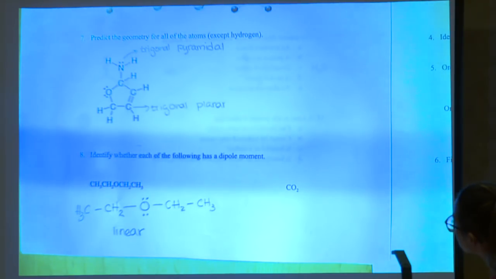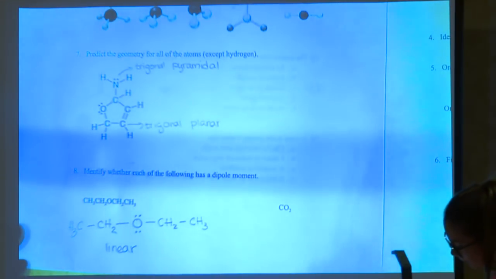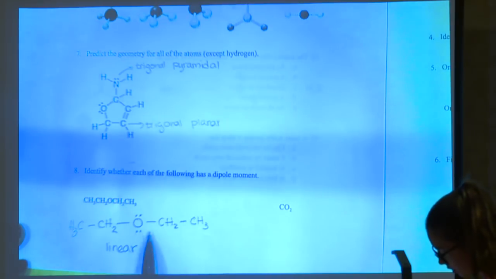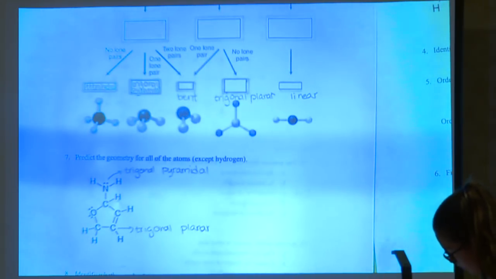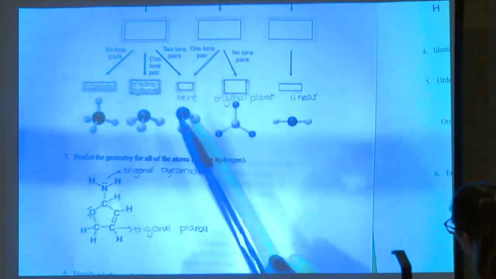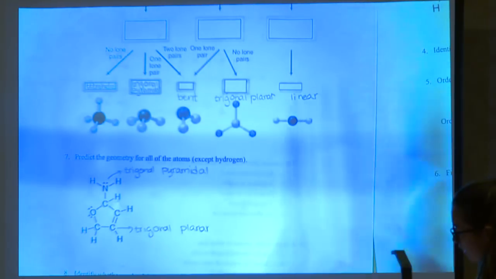It's like multiple lone pairs. Okay. So what does this look like? I mean, well, here, let's think about it. So we can actually go back here. So we have two lone pairs on the oxygen. So where does that correspond to, if we have two lone pairs? Bent, okay. And then what about linear? Do we have any?